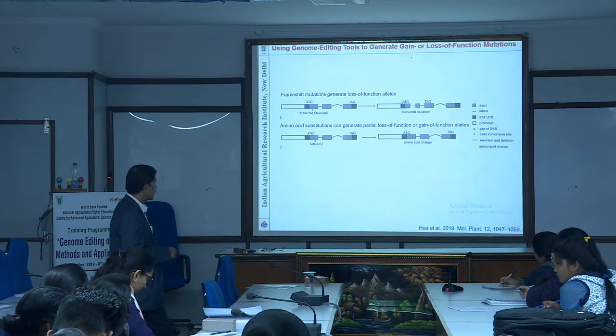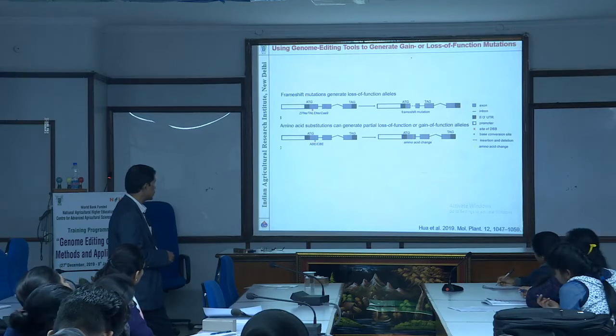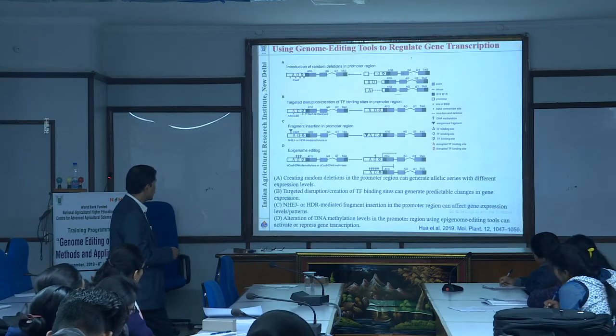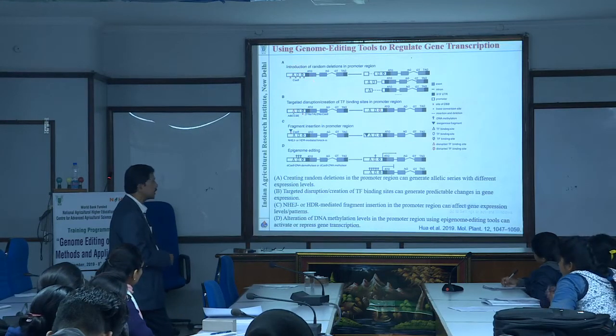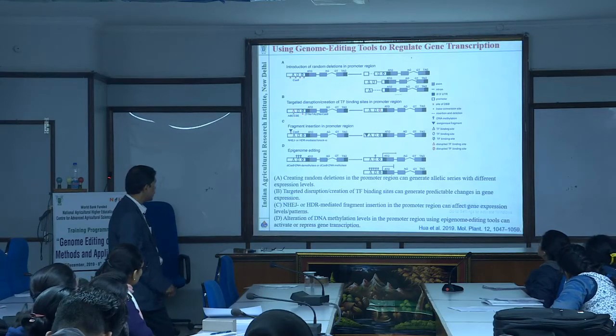Use either gain or loss of function mutants by using different editing technologies, or use base editing. You can also regulate the transcription by promoter editing, by inserting some elements, or you do base editing to modify some of the cis elements.